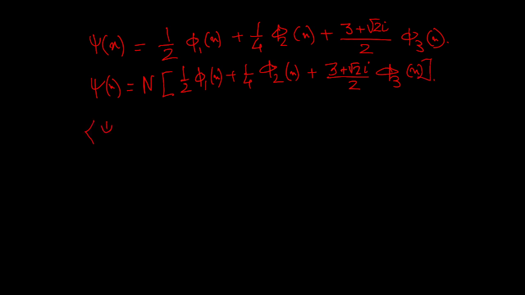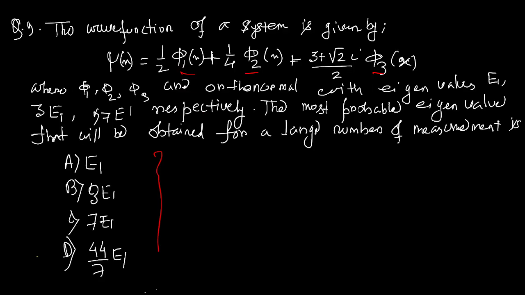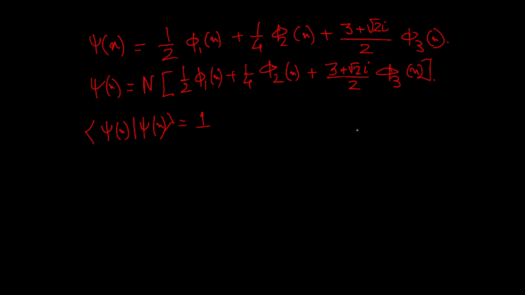So Cx psi x should be 1. Now one condition is imposed in this equation, that phi 1, phi 2, phi 3 are orthonormal. Therefore phi 1 phi 1, phi 2 phi 2, phi 3 phi 3 will be 1.